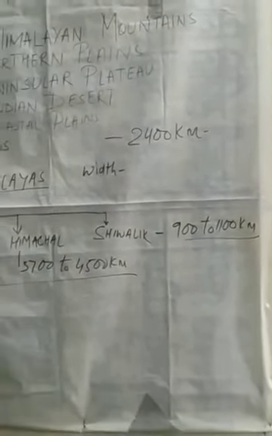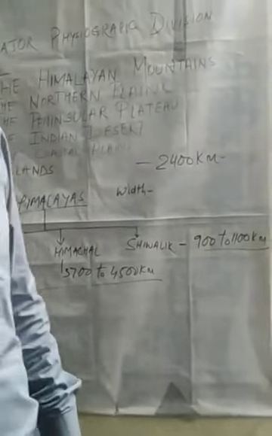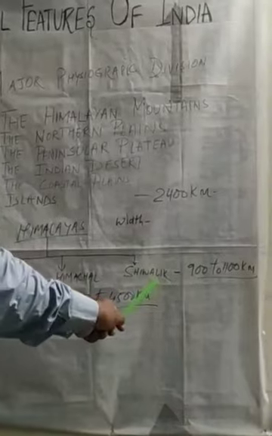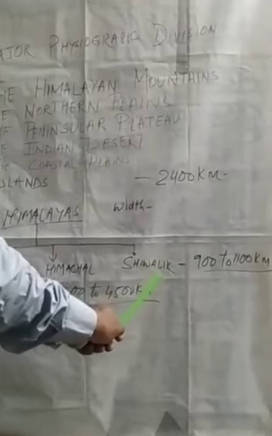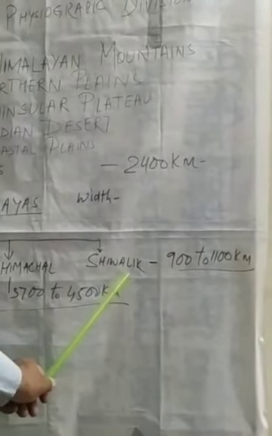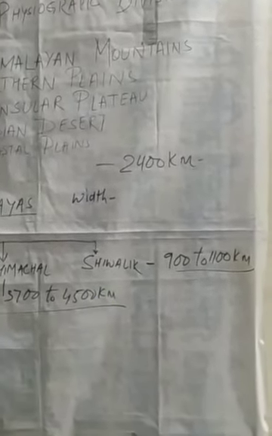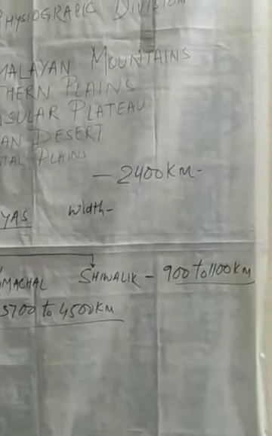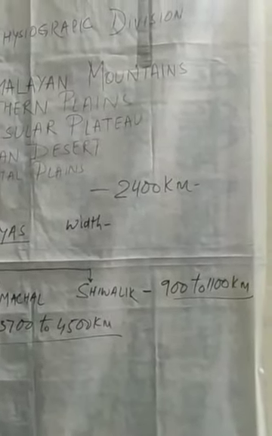These ranges are composed of unconsolidated sediments. That's why they are prone to landslides. These valleys are covered with thick gravel and alluvium.